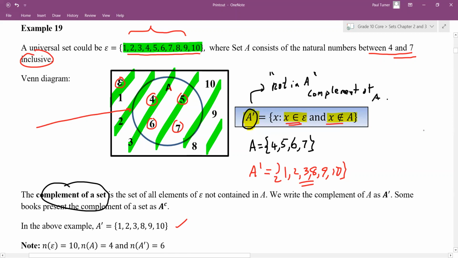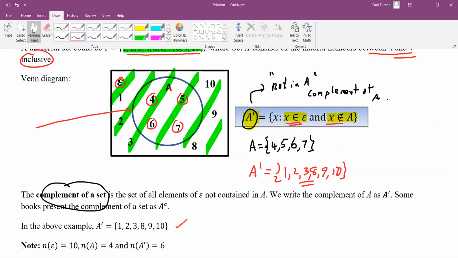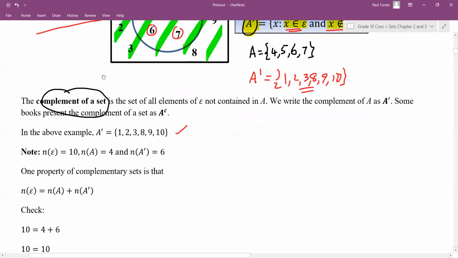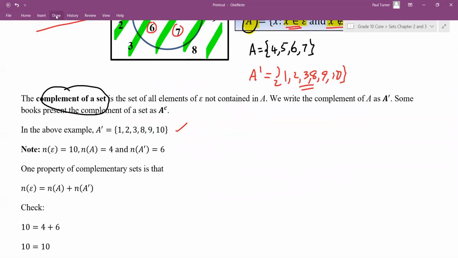What you'll notice is that we'll come further down, because I've made it really large for you to read. So, not A is 1, 2, 3, 8, 9, 10. And note this: the number in the universe is 10. The number in A is 4.